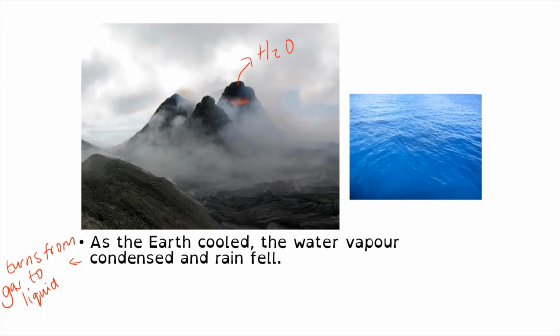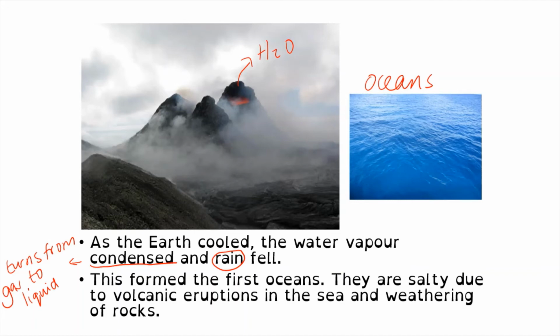So turns from gas to liquid, that's condensing, and we got rain forming, and that formed the oceans. So oceans started to form. Now the oceans are salty because the volcanic eruptions continued in the sea underneath the ocean, and we still get that today. You can get volcanoes underneath the sea, and rocks dissolved into the oceans.